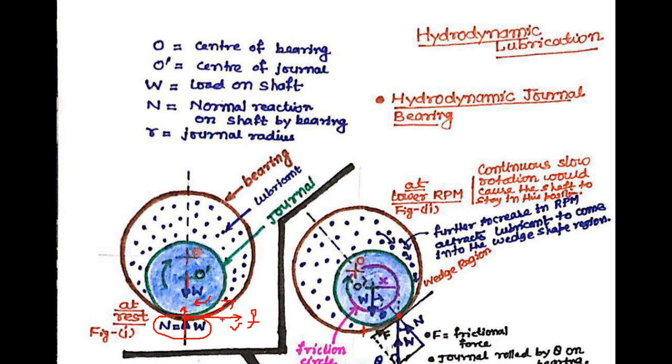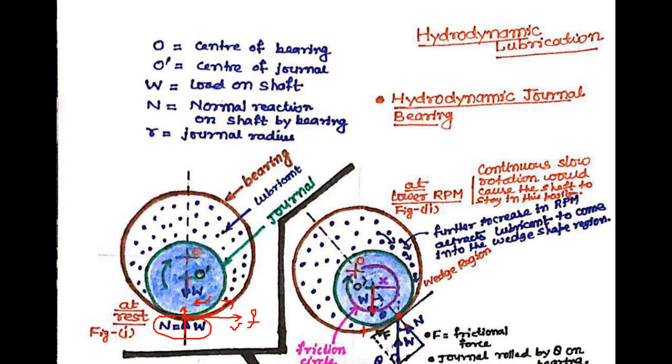Under this frictional force the journal rolls on the bearing and comes to that point. Now at that point we can see here, this is the W, which is the radial load acting on the journal, and now the point of contact moves from here to here.